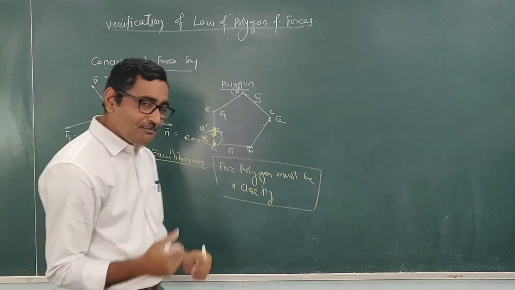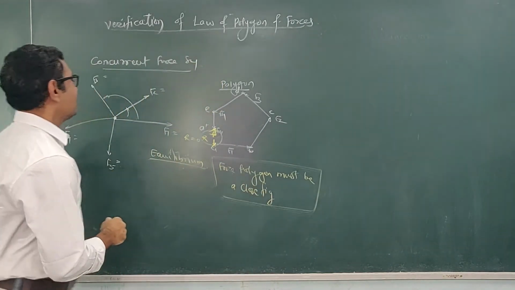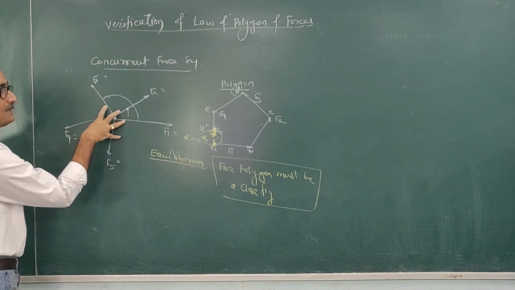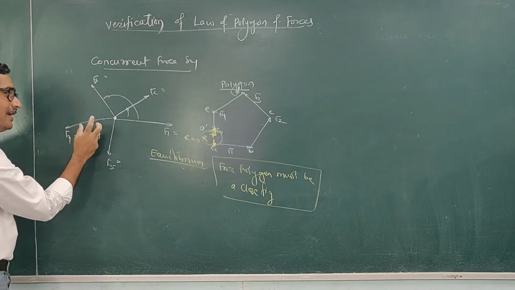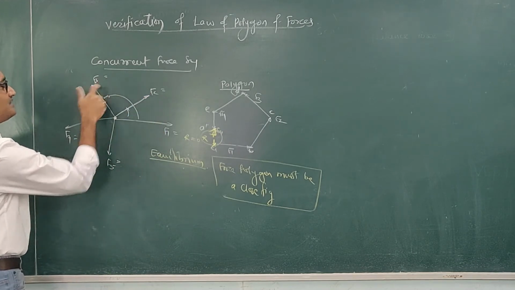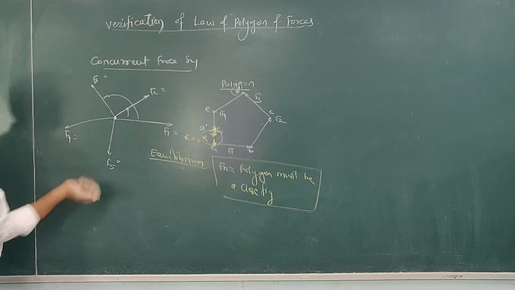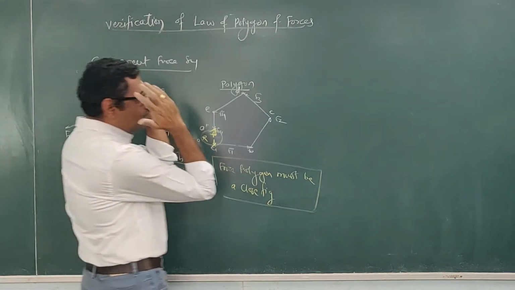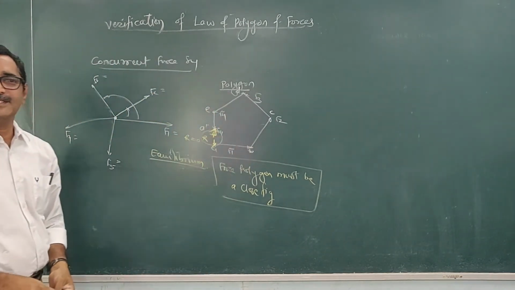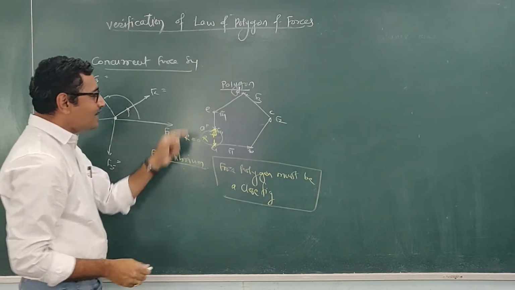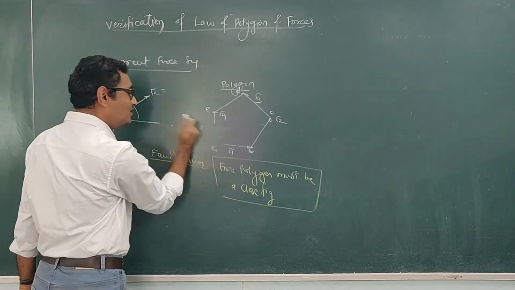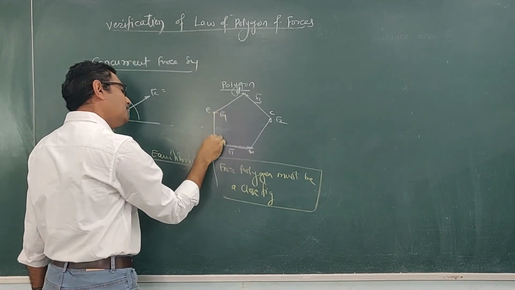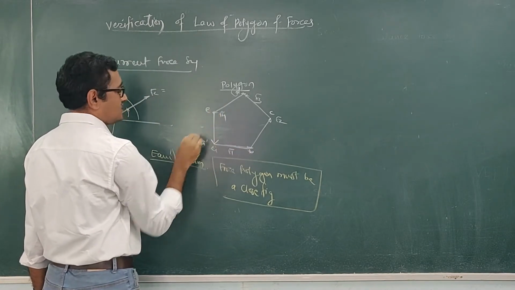Okay, so what we are going to do in our laboratory, we are creating this force system which is in equilibrium. To keep it in equilibrium, we are changing the magnitude as well as angles or direction of the forces, so that it should be in equilibrium. And with that force system, we are going to plot the polygon. Okay, and you have to plot the polygon, and you have to prove that in this polygon, the last point will coincide with the first point.